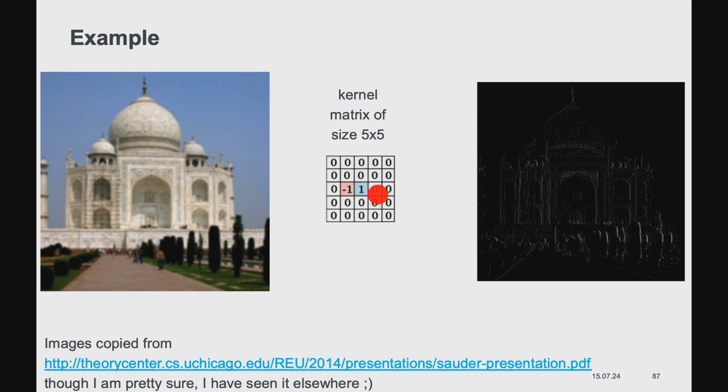But the kernel that I learn will apply to this upper left part as well as to this lower right part. And this is something I want, because in the end I want to recognize a cat no matter whether it's in the upper left part or in the lower right part, right? I want to apply the same kind of recognition algorithm no matter where in the picture my cat is.